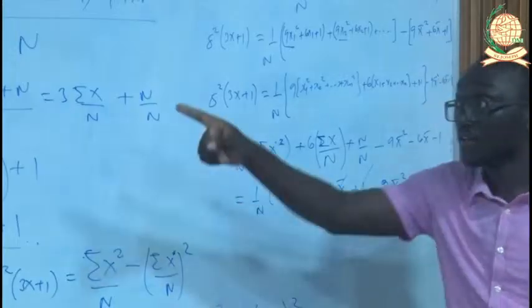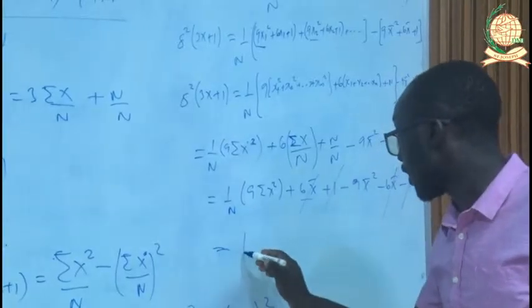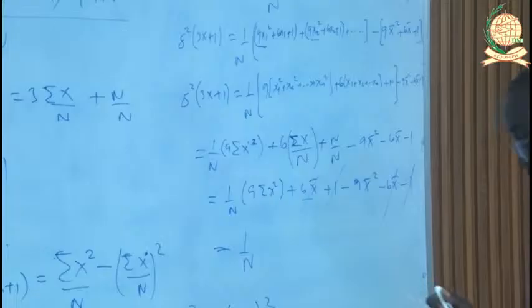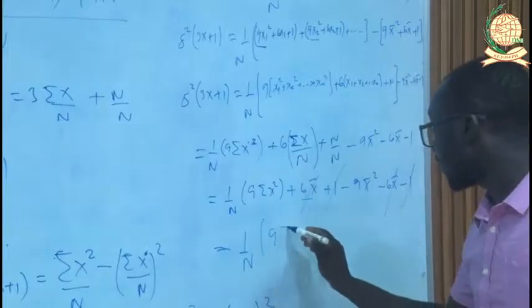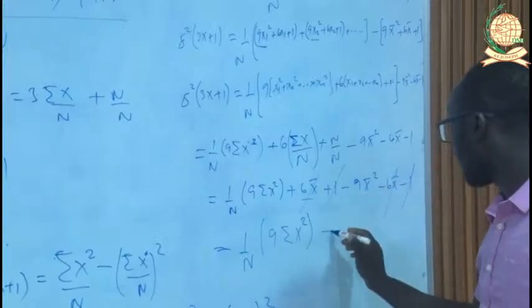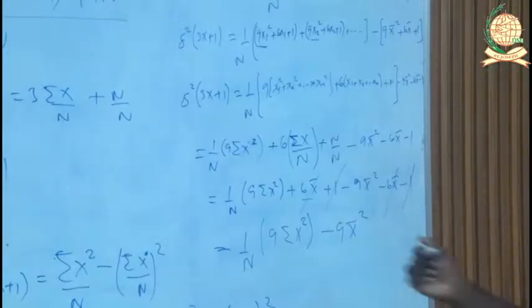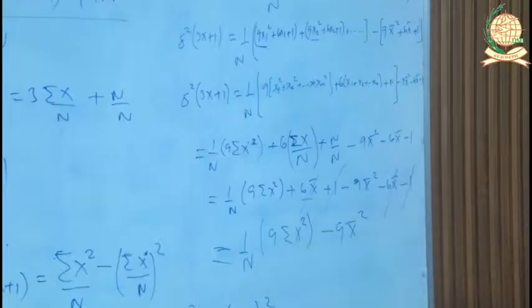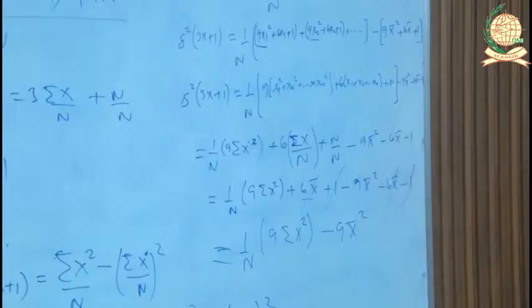You can see there, this term is going to be 1 over n, and now you have remained with 9 summation of x squared only minus 9x bar squared only. So you have a common 9 here that you can factor out. You have x bar, you have sum of x squared after simplifying this expression.